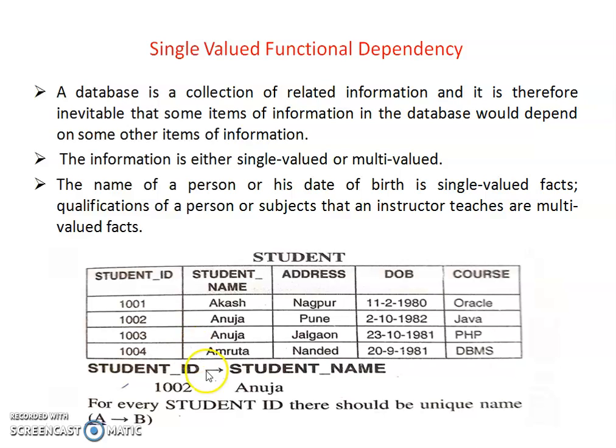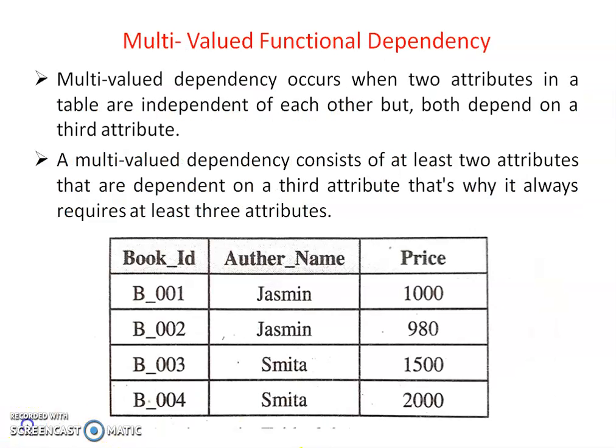It means that student ID determines student name. For example, student ID 1002 and student name Anuja. For every student ID there should be a unique name.